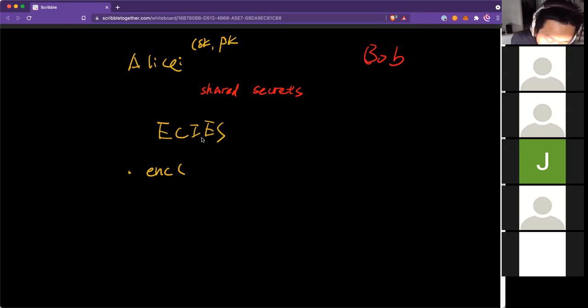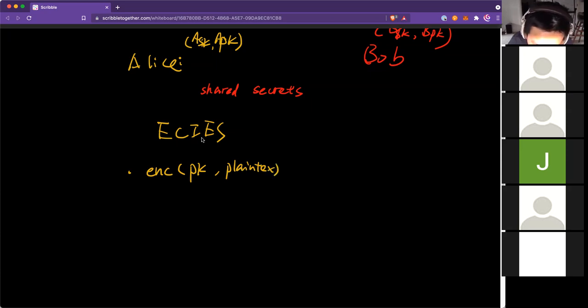Let me use A here. And Bob has a pair of keys. The first thing ECIES does is an encryption of PK and the plain text. This will generate a ciphertext.